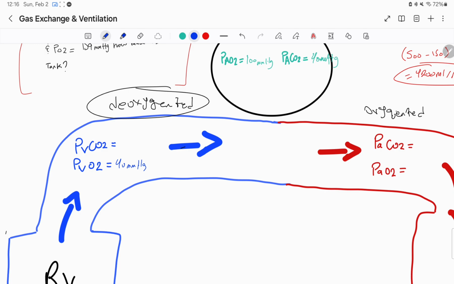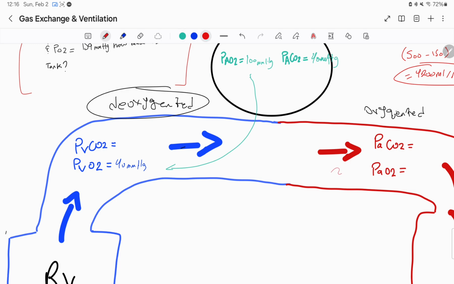Meanwhile, look at what's going to happen. Oxygen will flow down its partial pressure gradient to this deoxygenated side of the blood until it reaches equilibrium, and it makes this turn into what number, guys?